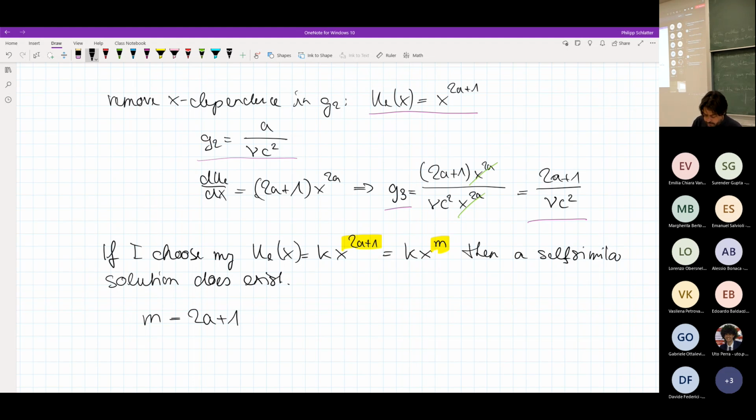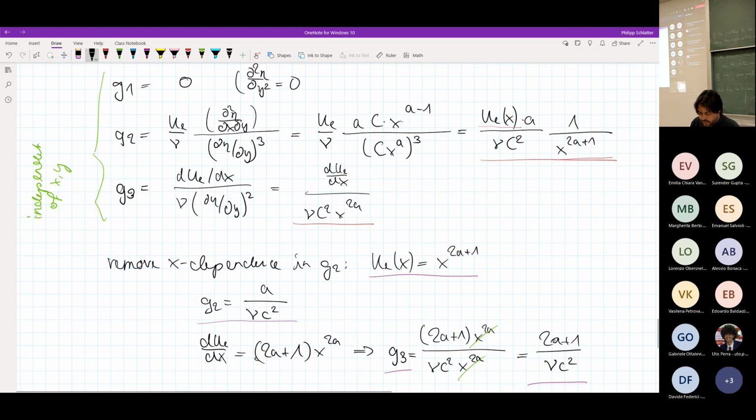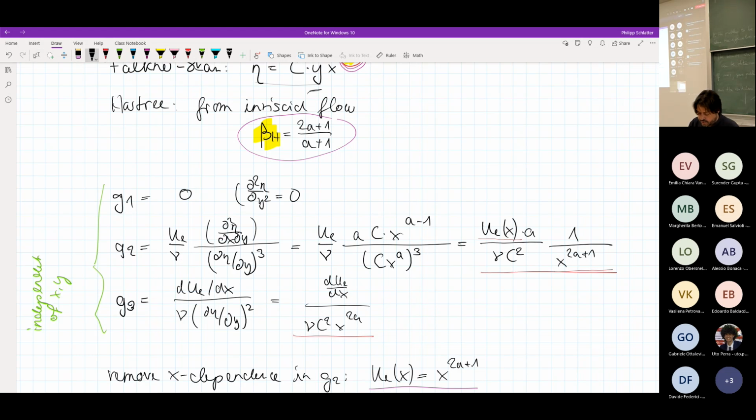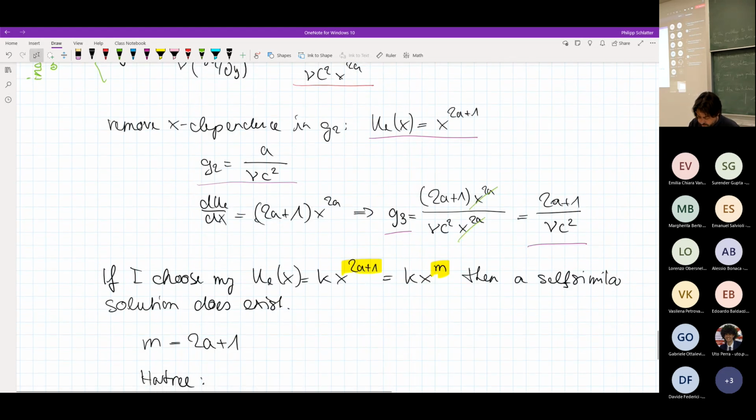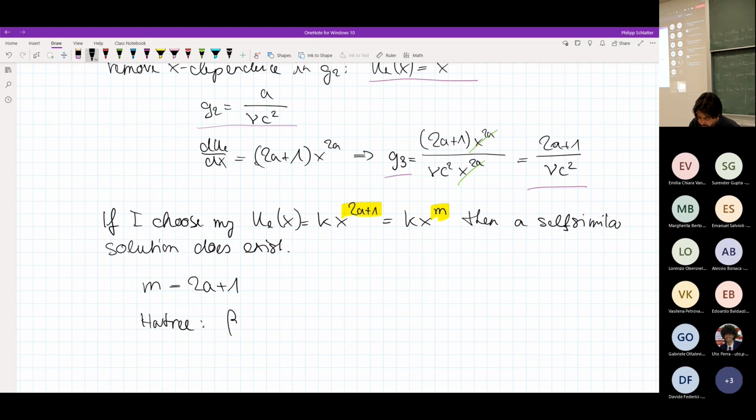And then from Hartree, which we have written here, where we had beta h. Beta h was this 2a plus 1 divided by a plus 1.